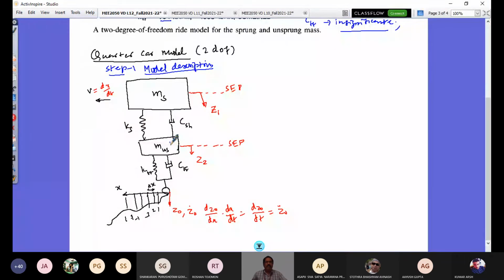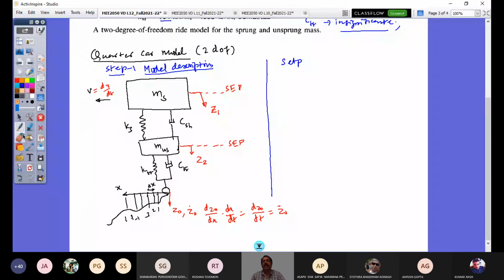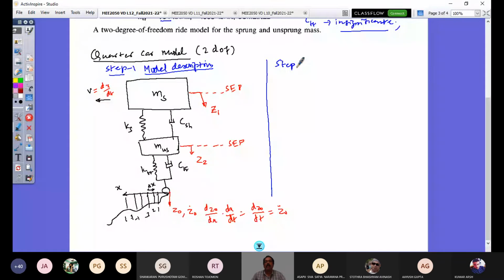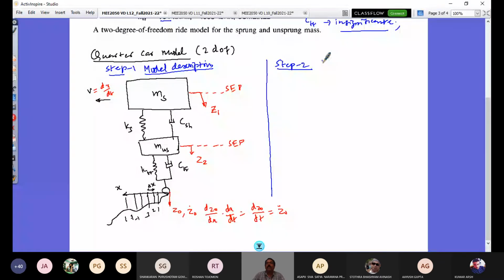Right, so now this is the first step. What is the second step? The second step is to get the motion governing equation. So step 2 is your governing equation, the equation of motion.